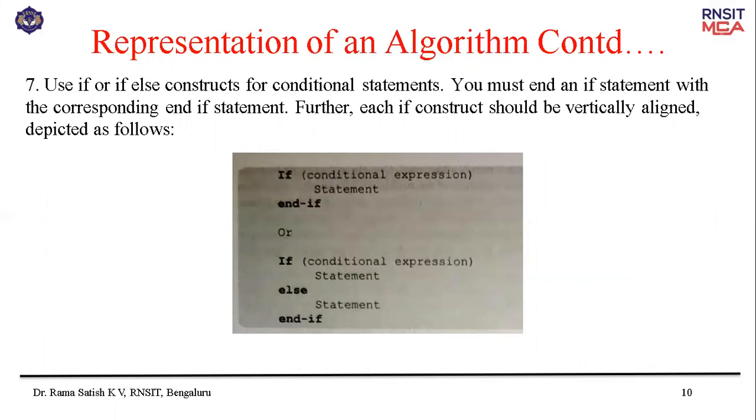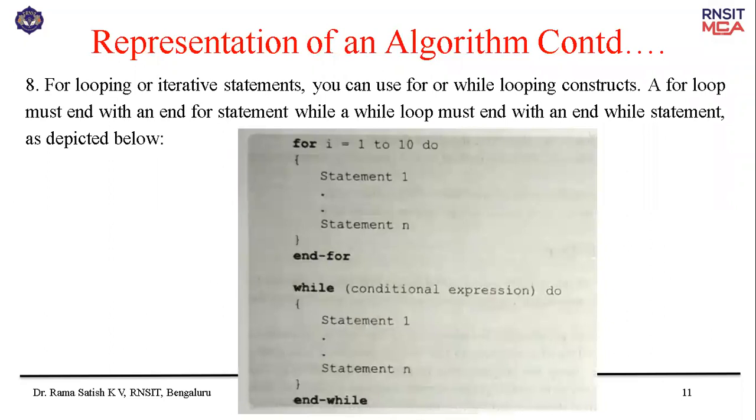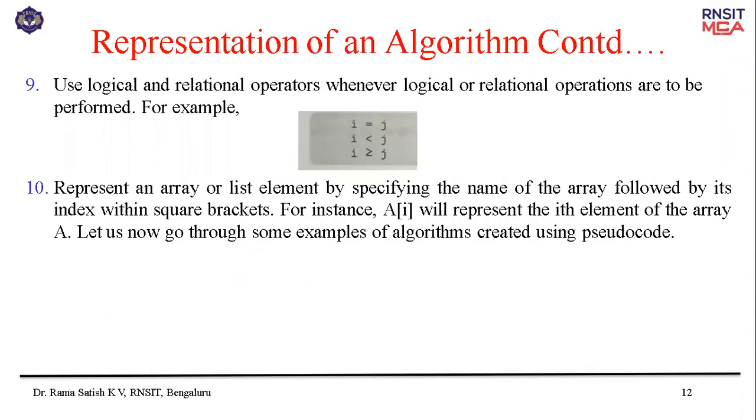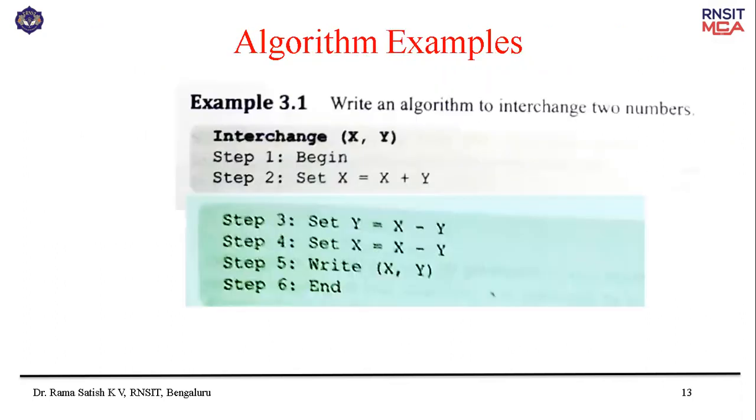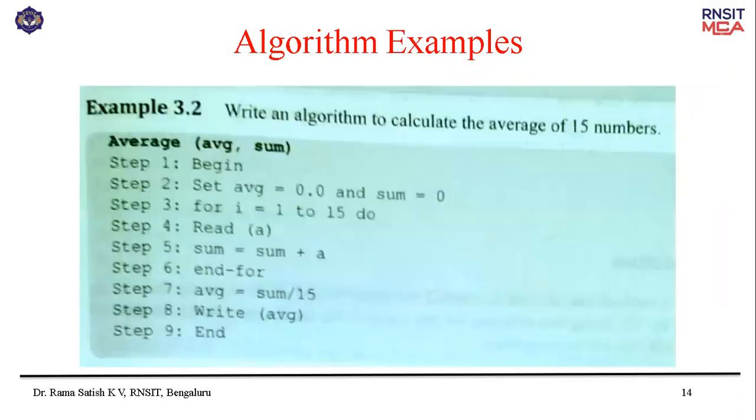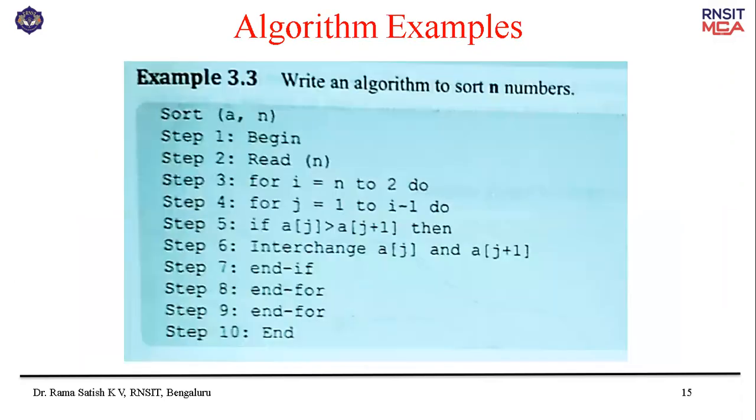That is the first convention. The same way, if you are using a for statement, it should have an end for. This is while writing the algorithm. I'm not talking about a program. And you can represent arrays with index numbers. So a few examples we discussed regarding algorithms.